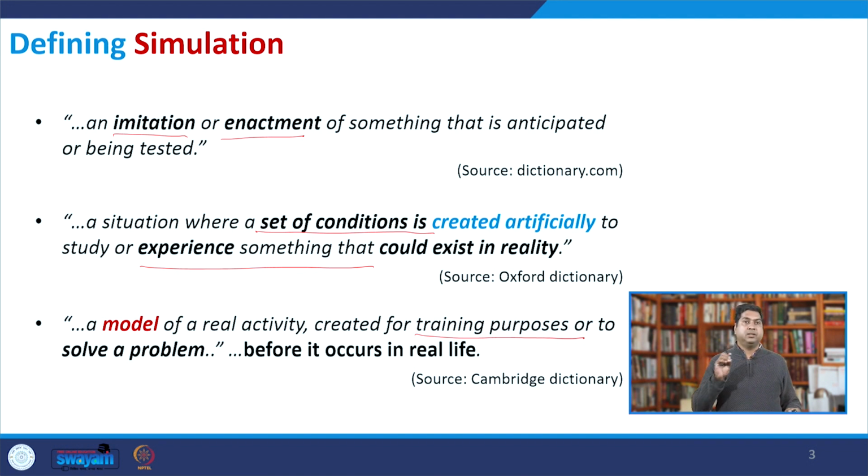That is why it is very important for the researcher to select a proper simulation tool and to use it effectively, because unintentional or wrong use of a simulation can lead to wrong decision making. So we have to be careful about it.